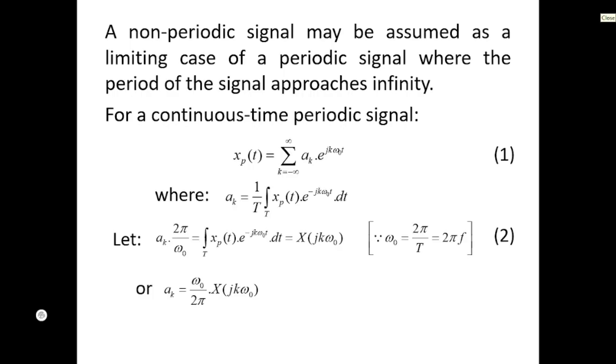Now coming to the Fourier transform. What is the Fourier transform? It is a method where we can convert the time domain signal into a frequency domain signal. It is derived from, or is a more generalized version of, the Fourier series.